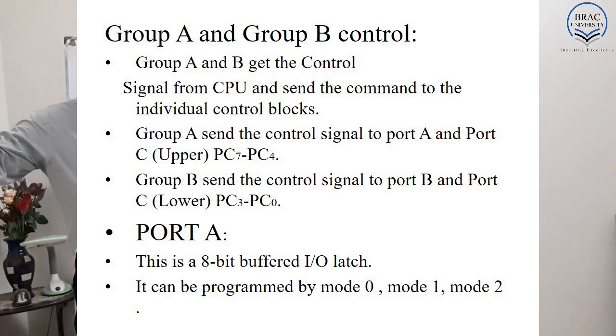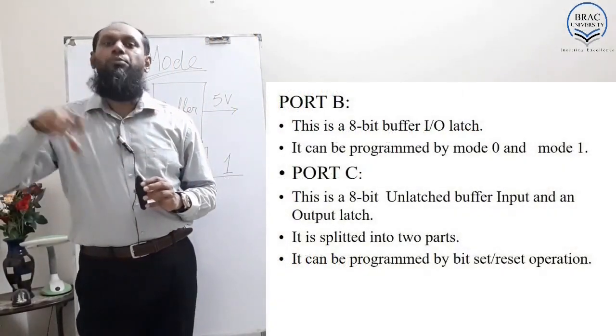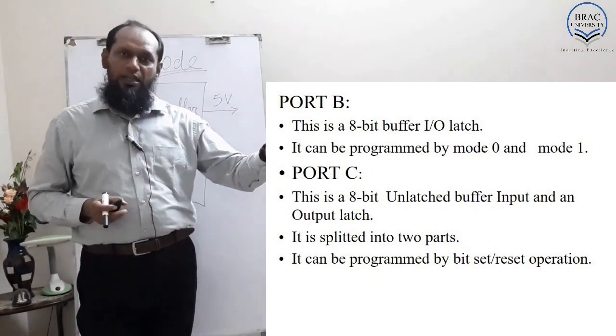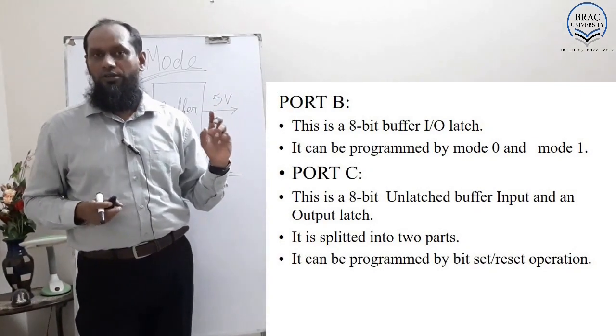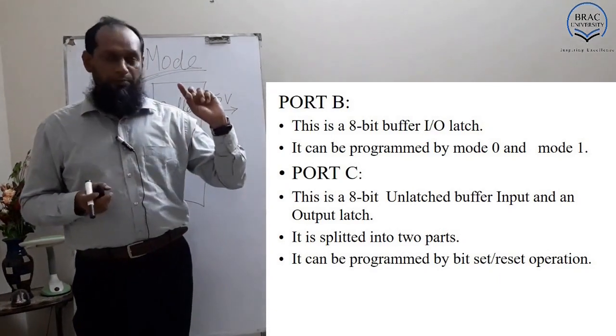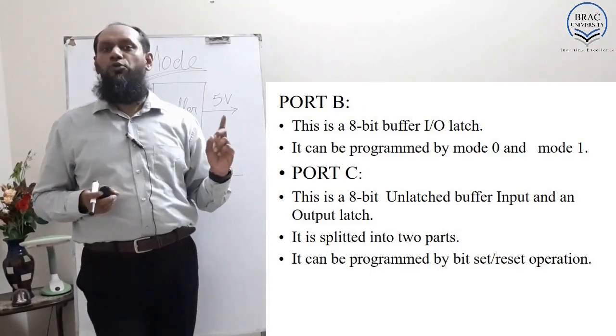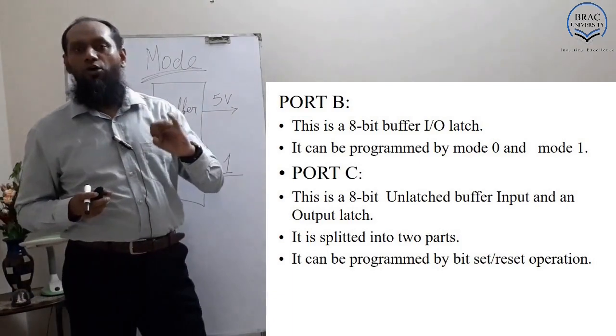If you want to send data, you can send. Not in the same clock cycle, but it is supported. Port B is just like port A, but it doesn't support mode 2. It just supports mode 0 and 1. But port C only supports mode 0. It doesn't support mode 1 or mode 2.